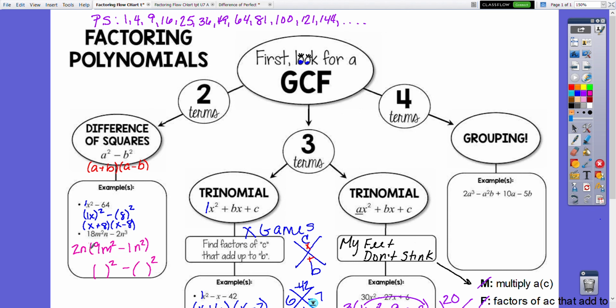Well, what times itself gives me 9m squared? 3m. What times itself gives me n squared? N, so I have 3m plus n times 3m minus n, and are we done? No, we have to drop down this 2n.